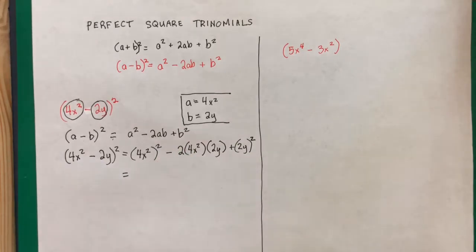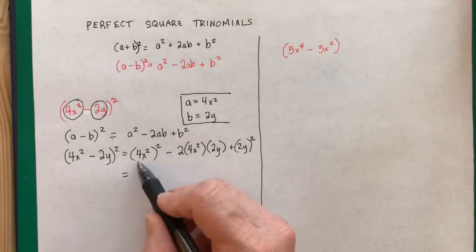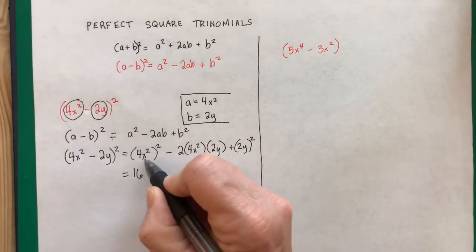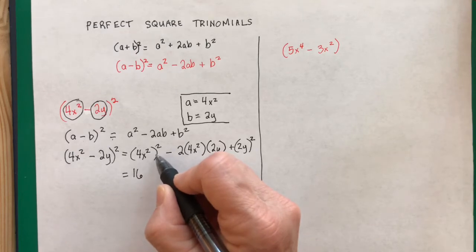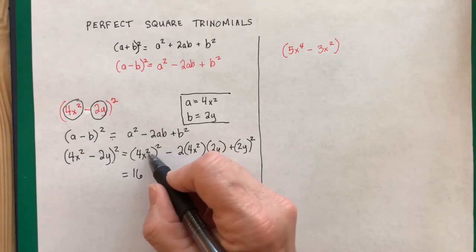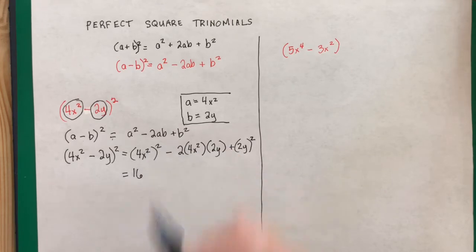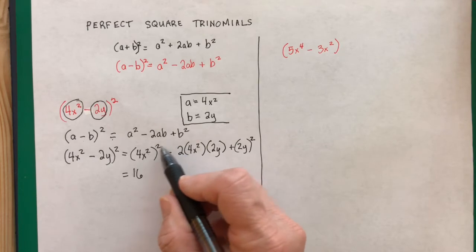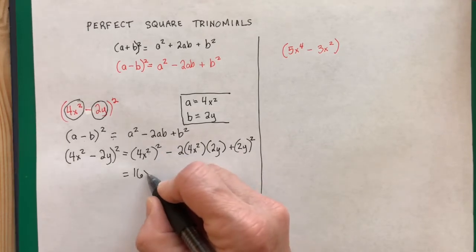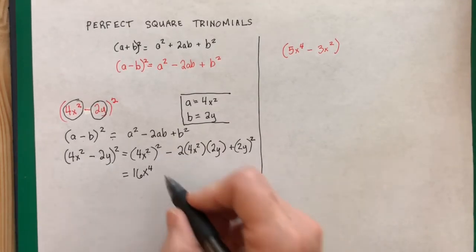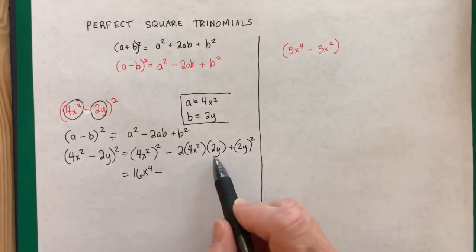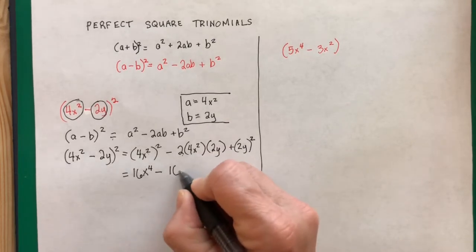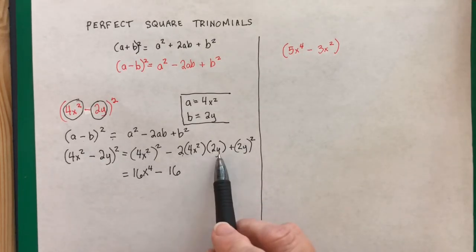Now, let's just simplify. I have to square everything on the inside of these parentheses. So 4 times 4 is 16. X squared times x squared, or I can do the shortcut way of multiplying the exponents. When you raise a power to another power, you multiply these two values, so we get x to the 4th minus, now these 2 times 4 is 8 times 2 is 16. And then I'm going to multiply my variables.